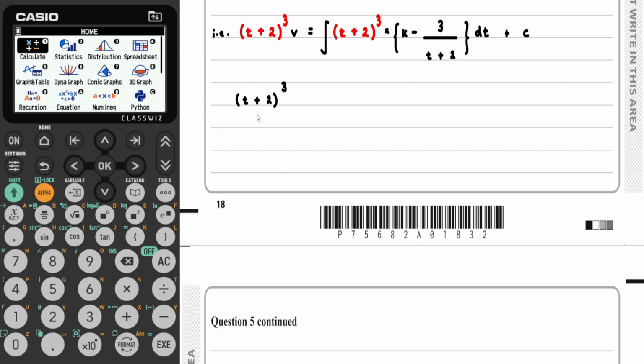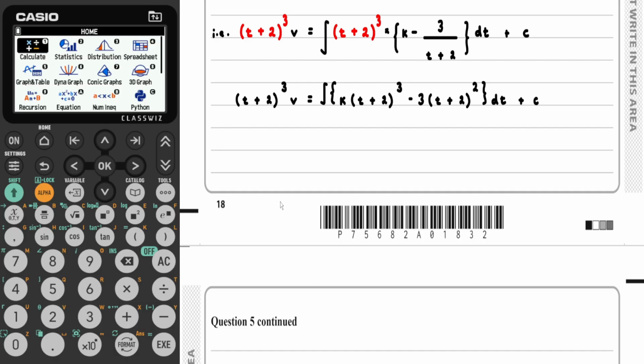So on the left hand side we've got (t+2)^3 times v, and on the right hand side we've got (t+2)^3 times k, then we've got (t+2)^3 multiplied by negative 3 over (t+2), and we add on the constant c.